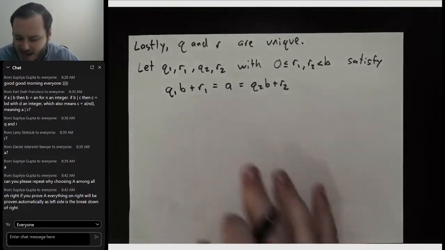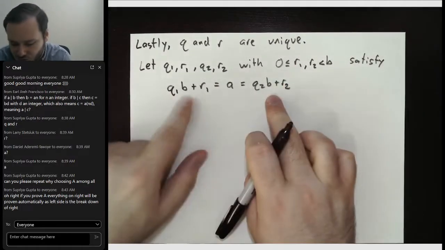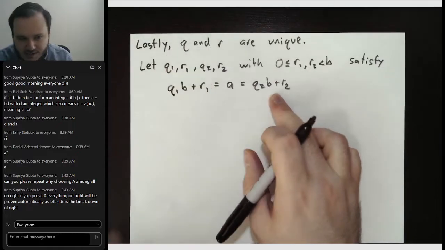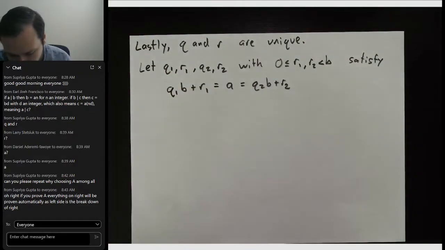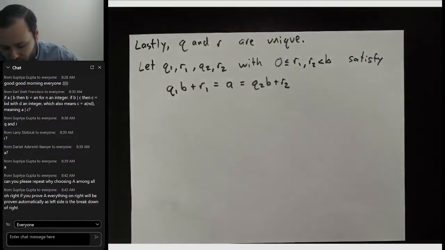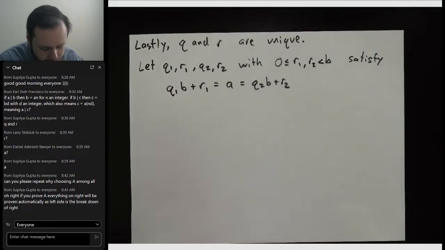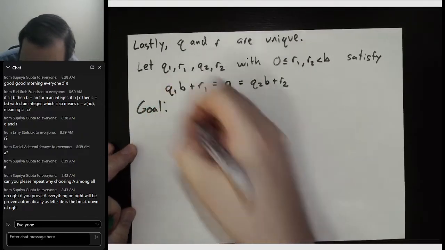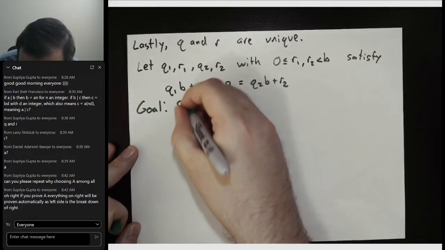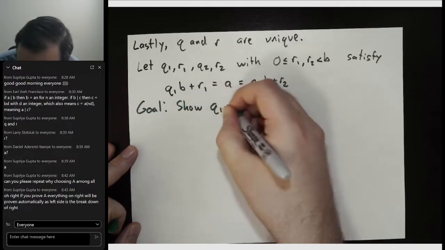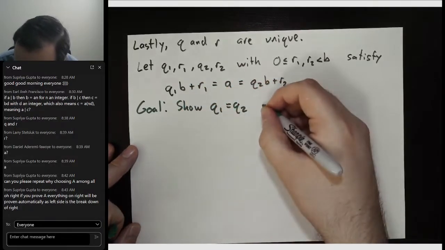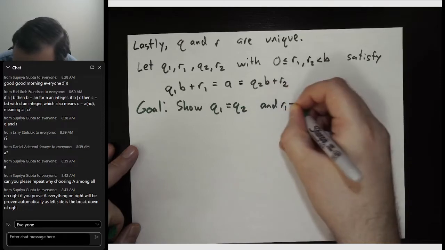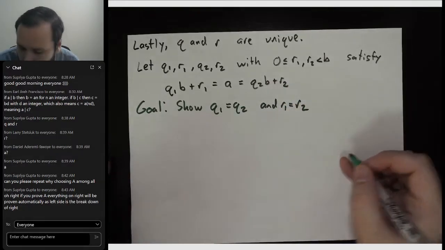What I'm saying is take two solutions. I know Q and R exist, so I know there's at least one way to do this. But take 2 ways to do it. My goal is to show that Q1 was Q2 and R1 was R2 all along.